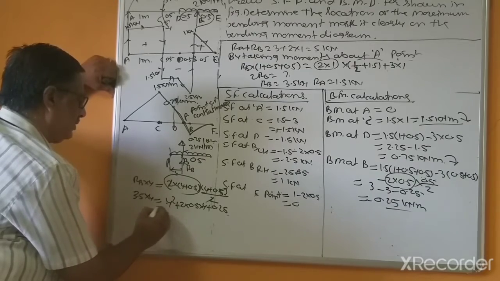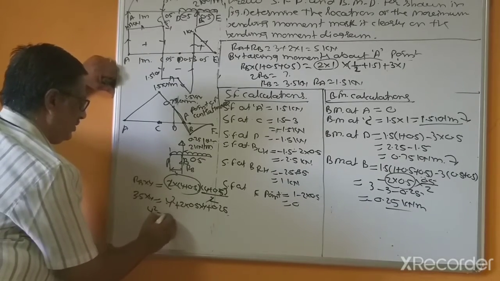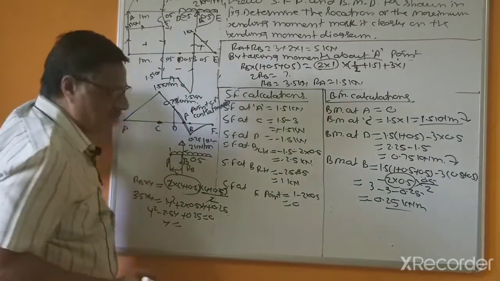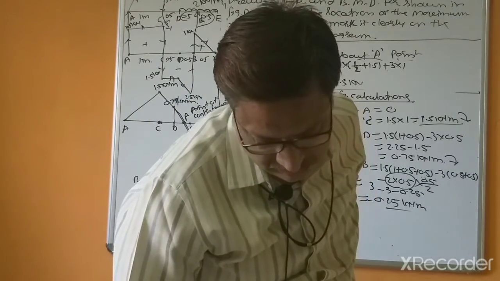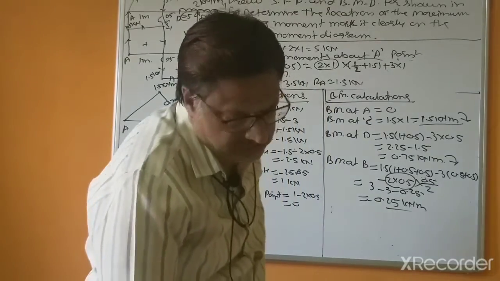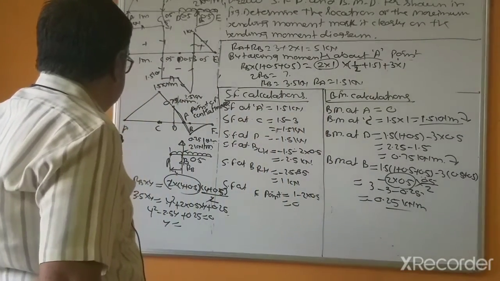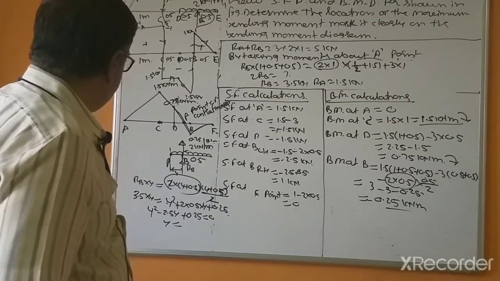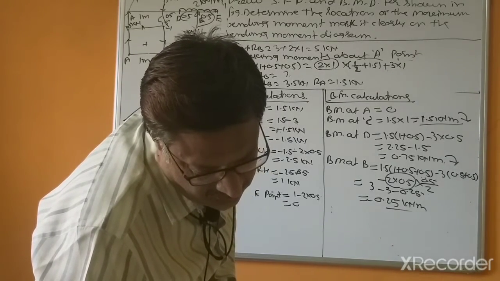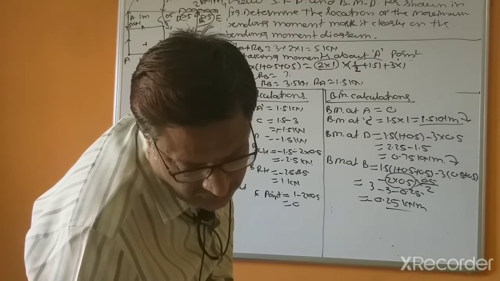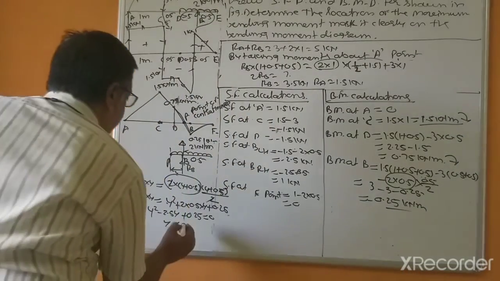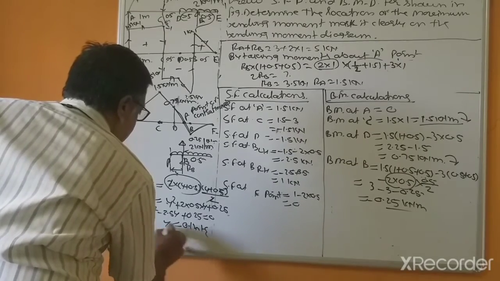So that's why Y square minus 2.5Y plus 0.25 equal to 0, Y equal to 0.1 meters.